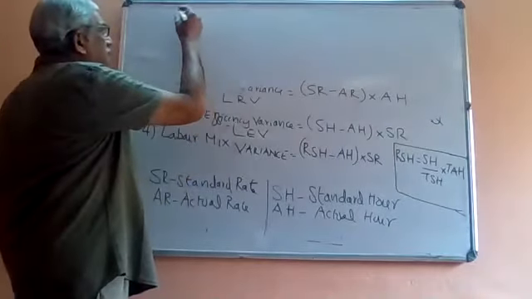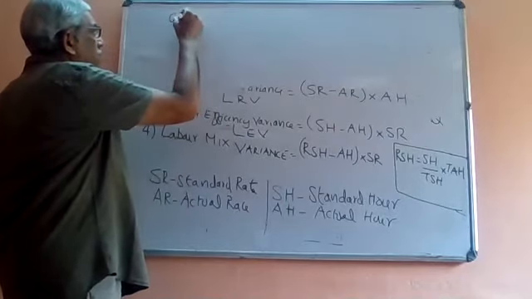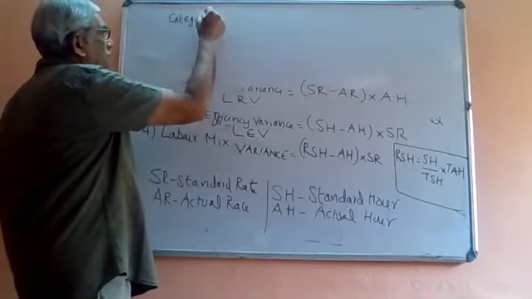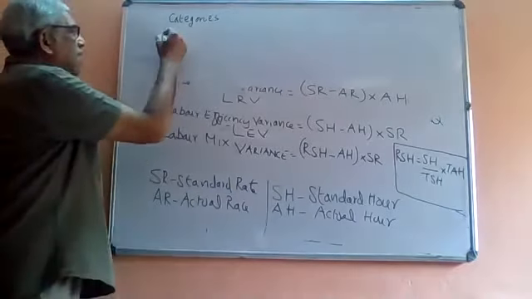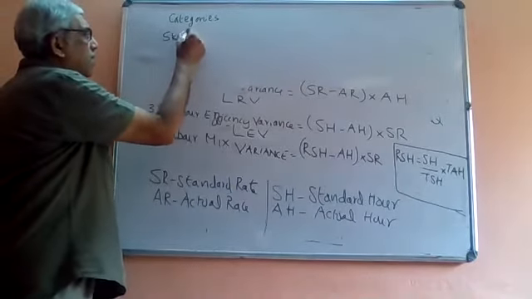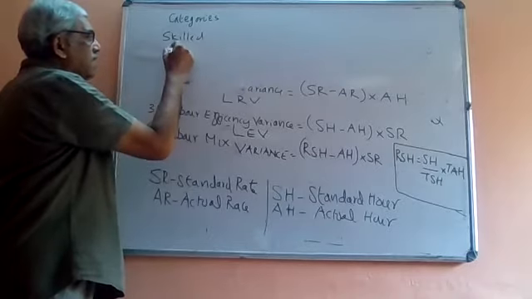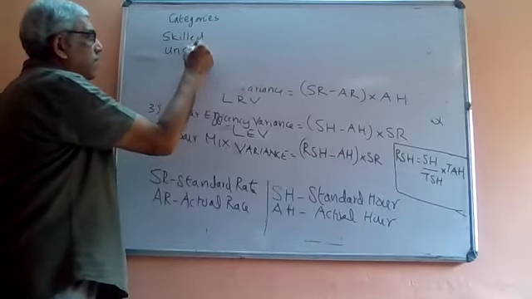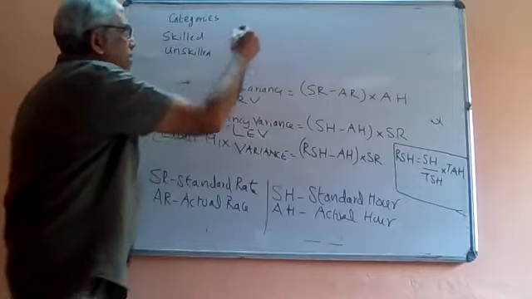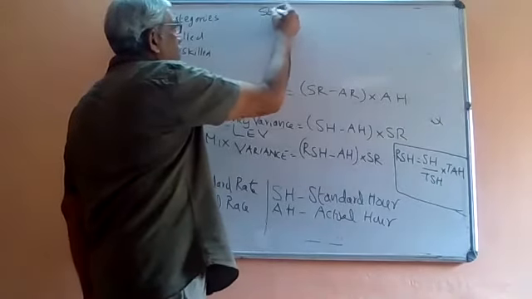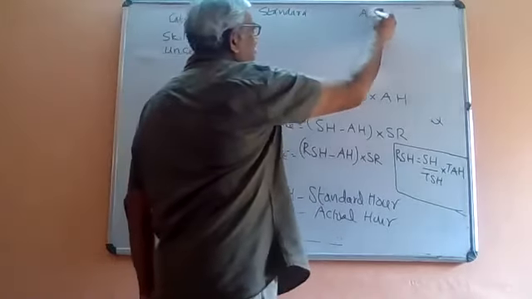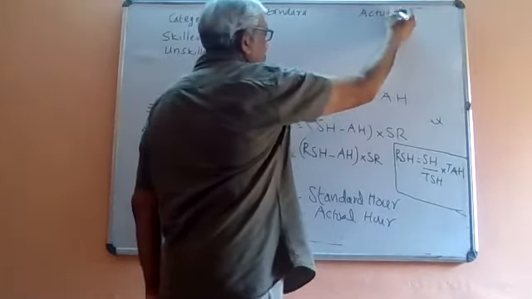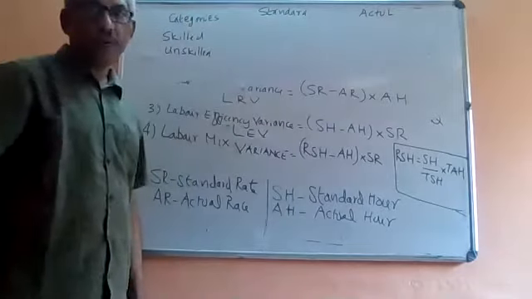Suppose there are two categories of workers: one is skilled and second is unskilled. Standard is given and actual is also given.